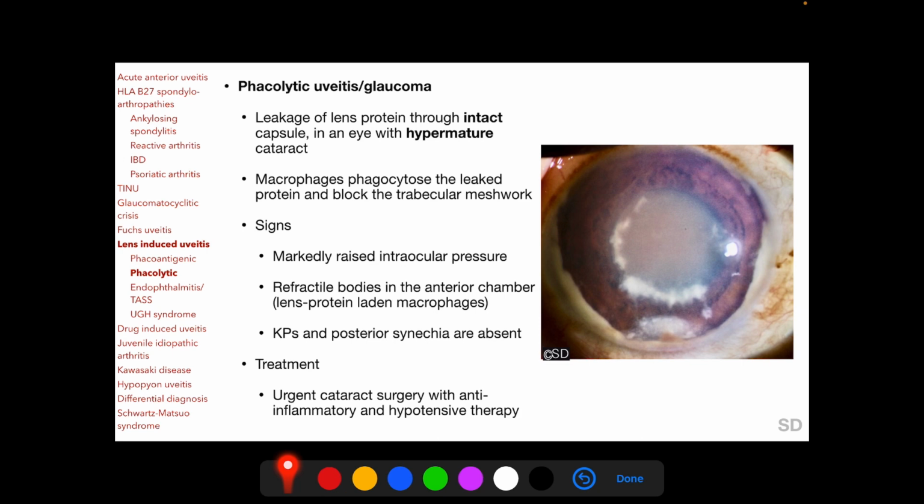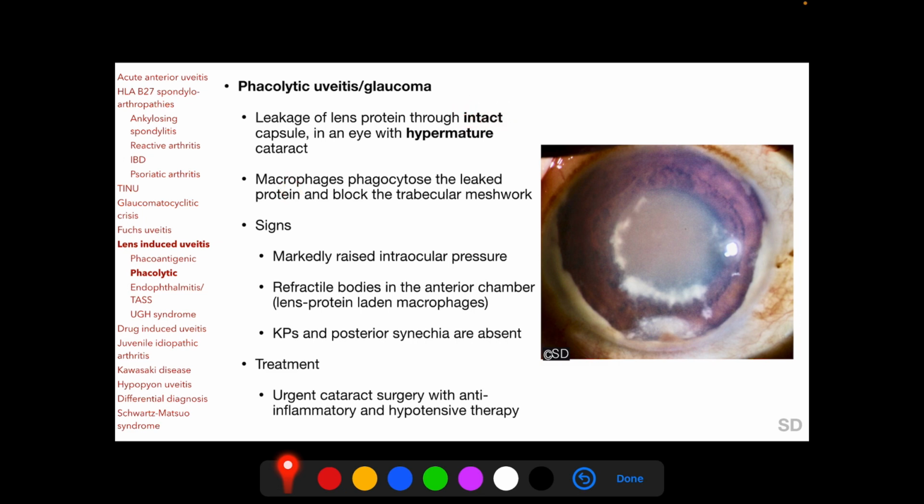In phacolytic uveitis or glaucoma, there is leakage of lens proteins through an intact capsule in an eye with a hypermature cataract. So in phacoantigenic uveitis, lens protein is exposed following disruption of the lens capsule, but in phacolytic uveitis or phacolytic glaucoma, there is leakage of lens proteins through an intact capsule.